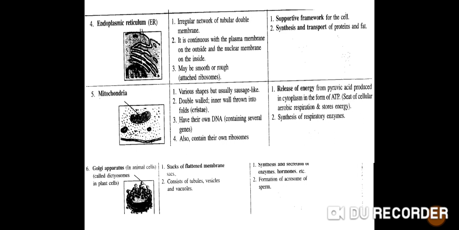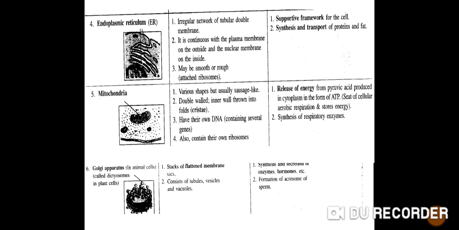It is double walled, inner wall thrown into the form of cristae, and this cristae lodges many proteins, which are the centers for the manufacture of this ATP energy molecule. So these mitochondria do have their own DNA containing several genes, and they also contain their own ribosomes.